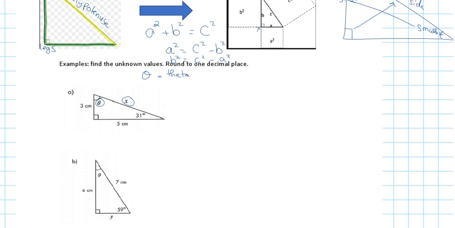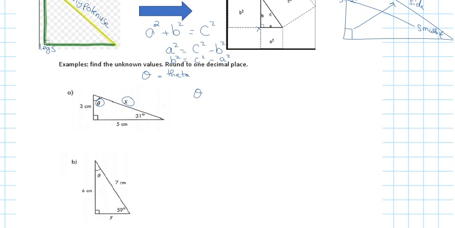Right. So remember that the sum of all three angles inside a triangle is 180. So all three of them have to add up to 180. So I just do 180, take away 90, because I know that this is 90, and take away 31.